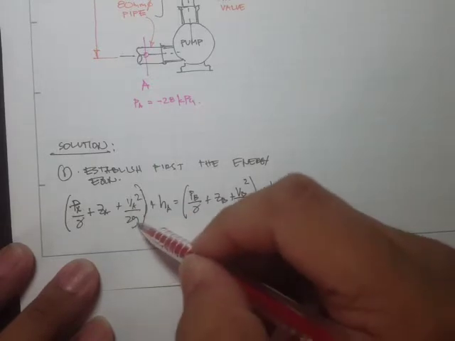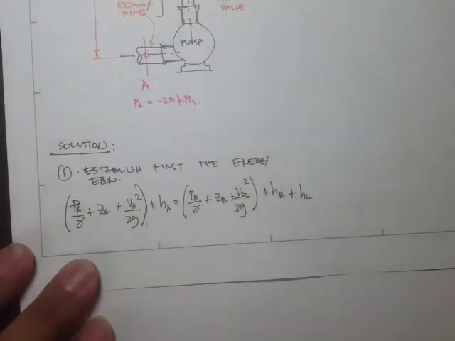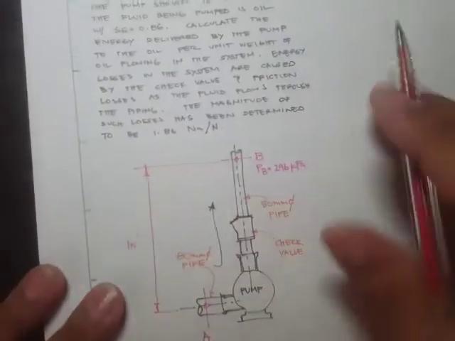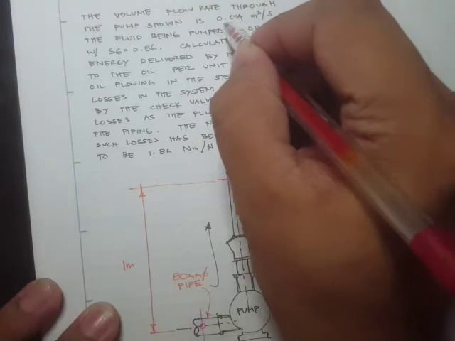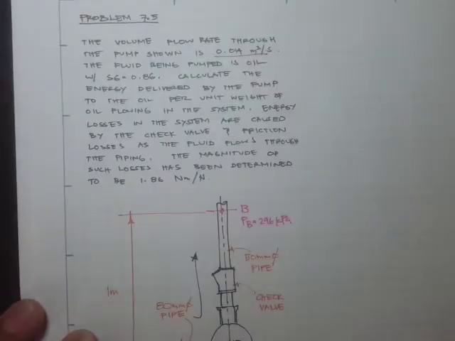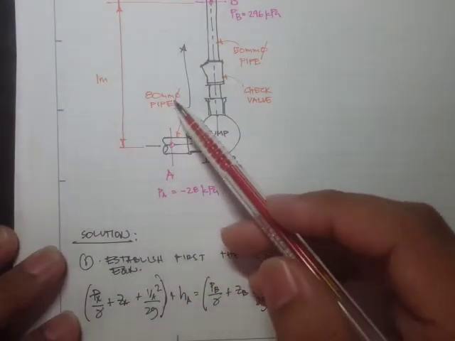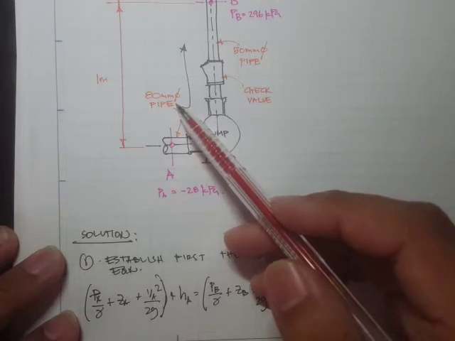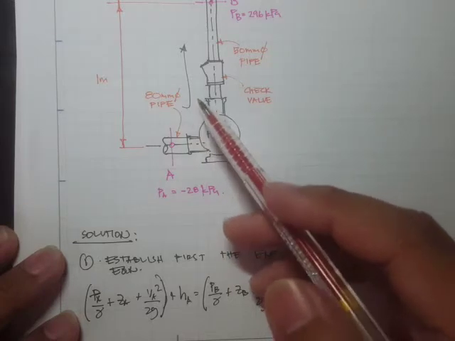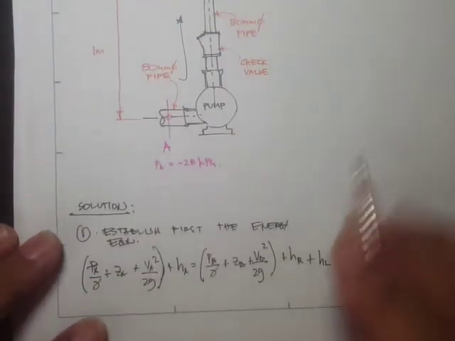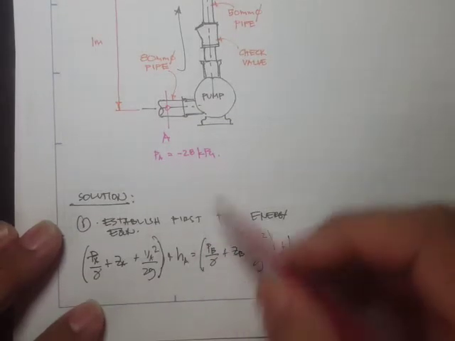For the velocity, since we have the volumetric flow rate Q and we also have the diameter of the pipe, we can solve for the velocity, because that's just the flow rate equation, Q equals A times the velocity.